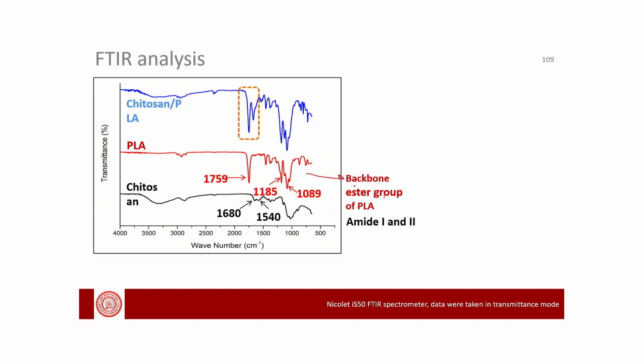Here the backbone ester group peaks are there, this is the backbone ester group of PLA, the red color. And this is for chitosan, amide 1 and amide 2, the peaks are given here at 1680 and 1540.